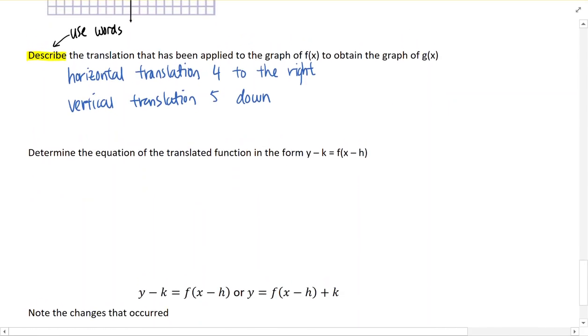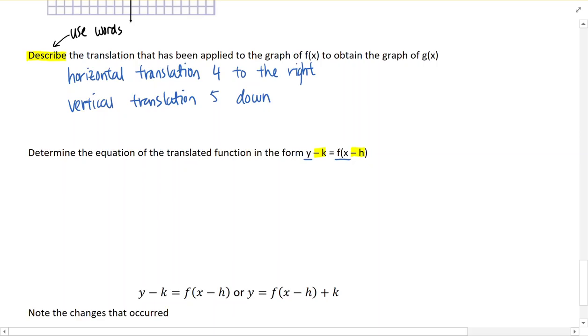Okay, so now that we have this written down, we're going to determine the equation for the translated function, and we're going to have it in this particular form. So remember, y and f of x is already something that just represents the original function. So really, all we need to figure out is what is k and what is h.